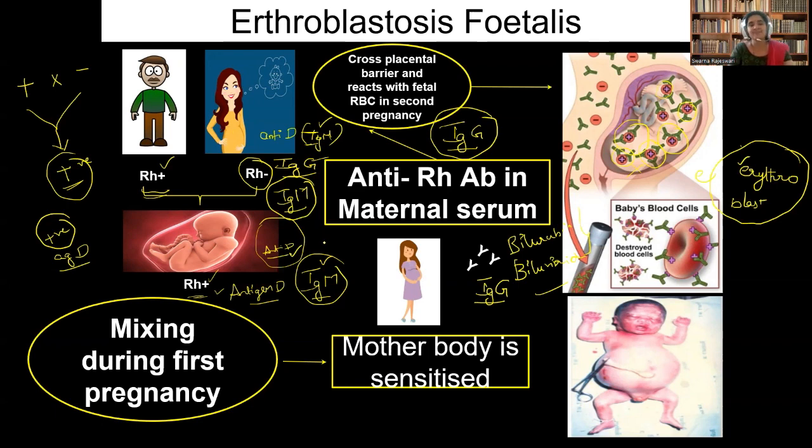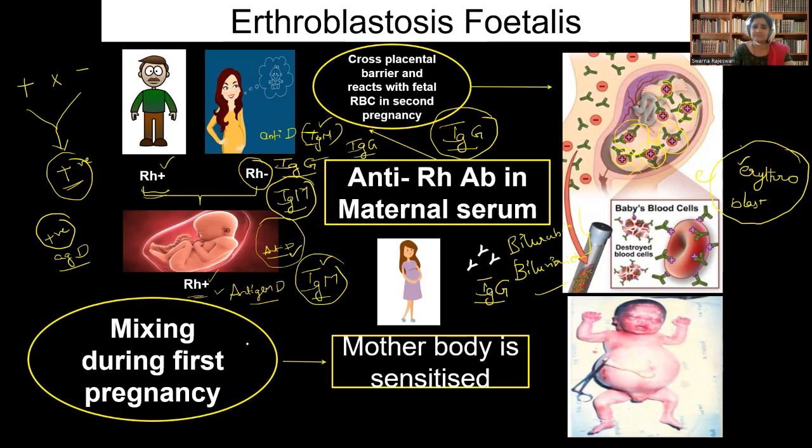So the first baby is safe and the mother is also safe. But in her next pregnancies, the mother already knows this Rh antigen, and her body already has the anti-D antibody. In frequent pregnancies, the antibodies produced are of IgG type.